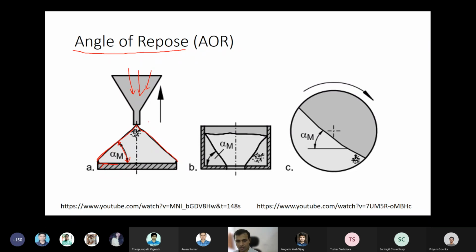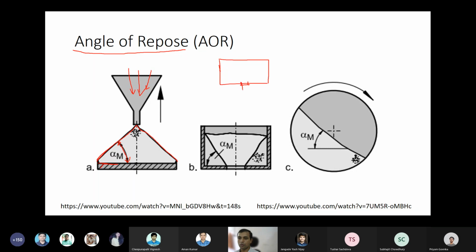This is one way of measuring the angle of repose. Another way: you store the powder or solids in a rectangular container. Then you make a hole, initially closed with tape, then you open the tape.